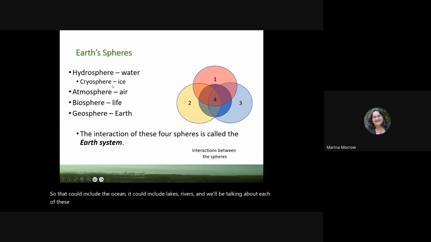And the cryosphere is sort of a subset of the hydrosphere. It involves ice. There's the atmosphere, the biosphere, which is life, the geosphere, which involves the Earth. And these four spheres can interact and touch on each other and push on each other. And so that's called the Earth system.